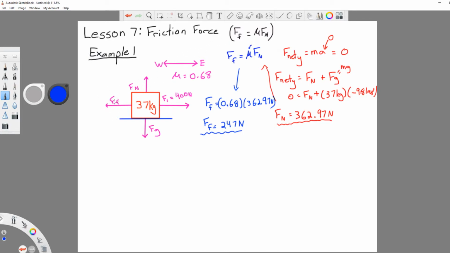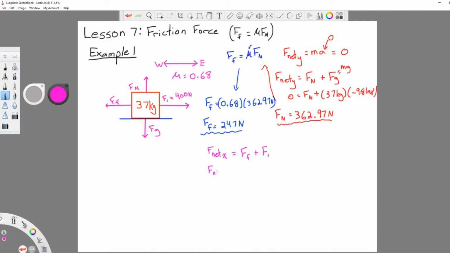Now we have a mass, and we have a couple forces acting on it here. Let's go magenta again and say that in the x direction, F net x, the direction that this thing is being pulled in, is equal to the sum of all the forces. So force of friction plus force 1. And we have both of these values now.